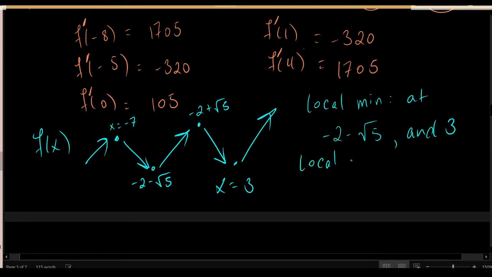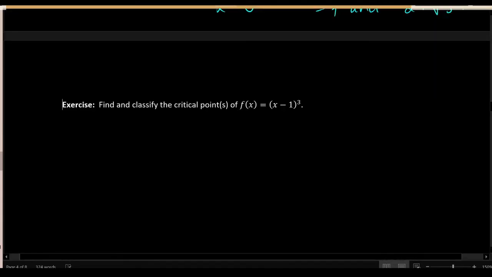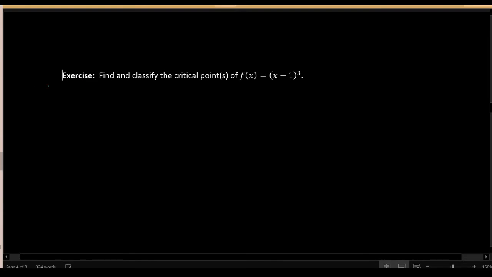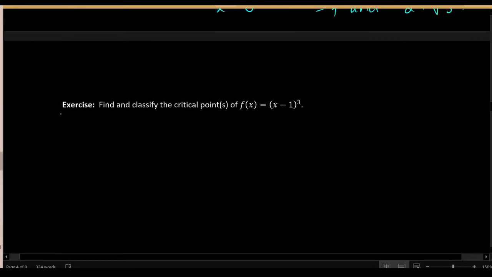The local maxes are located at positions where we have -7 and -2 plus √5. Now, if you are using the first derivative test, there really aren't any shortcuts that can be used to bypass this sign chart business that we did in the previous problem.